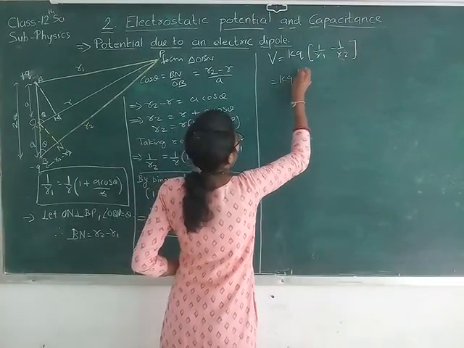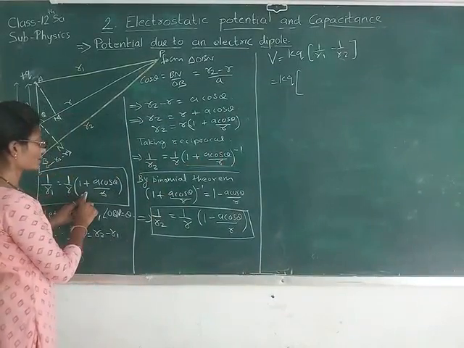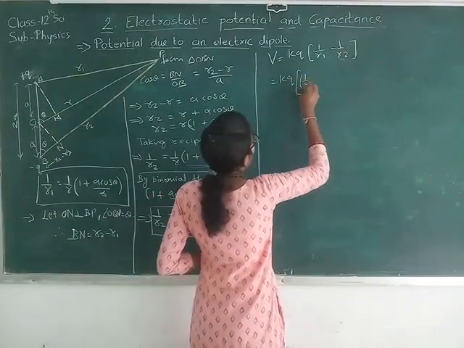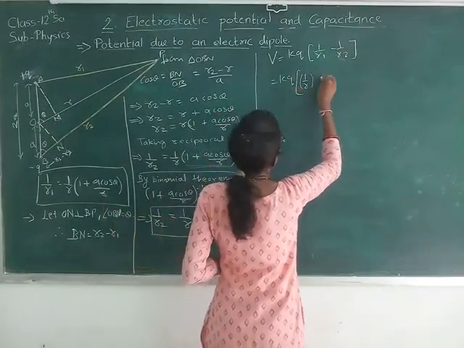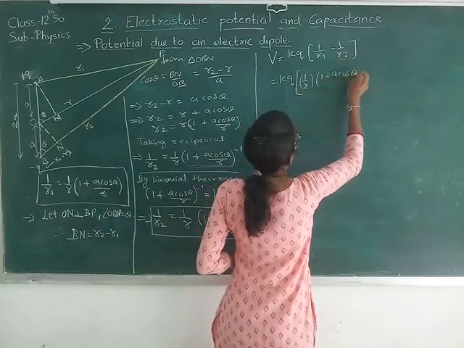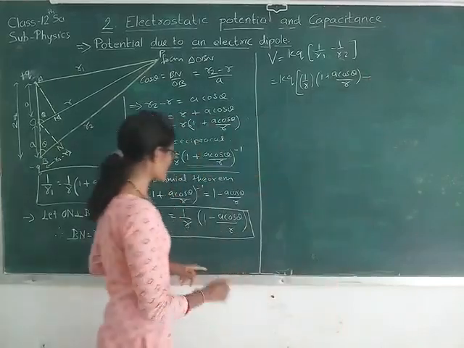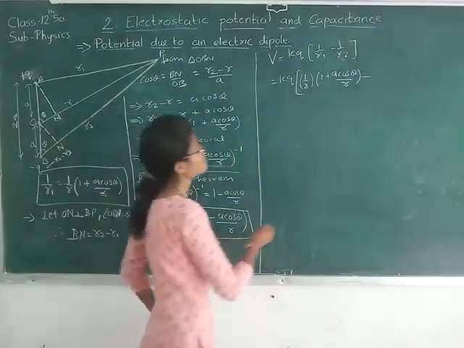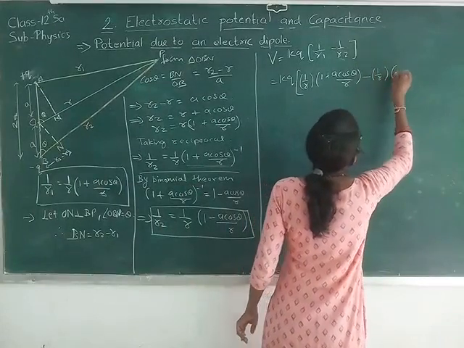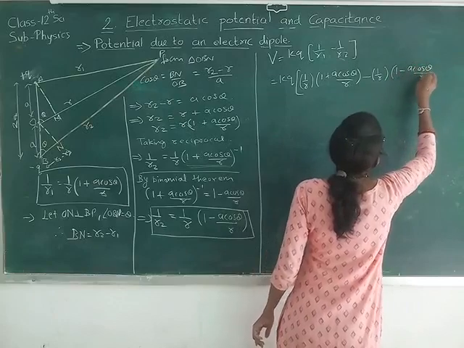That is, 1 upon R1, that is what? 1 by R into 1 plus A cos theta by R, minus, what is 1 upon R2? That is 1 upon R 1 minus A cos theta by R.